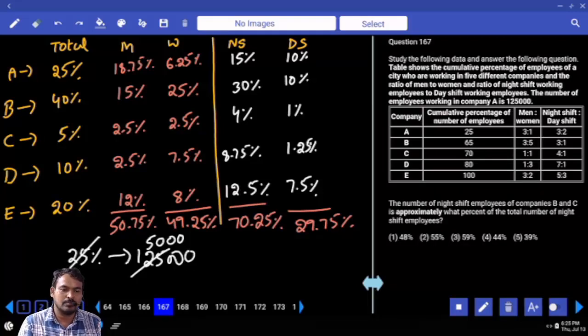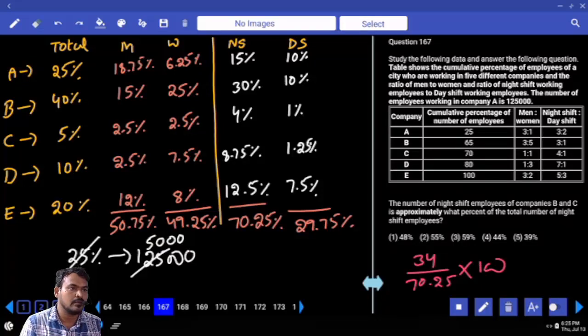What is the night shift B value? 30. C value 34. Means written 34 upon 70.25. Okay. It is closer to 50%. Answer 48.